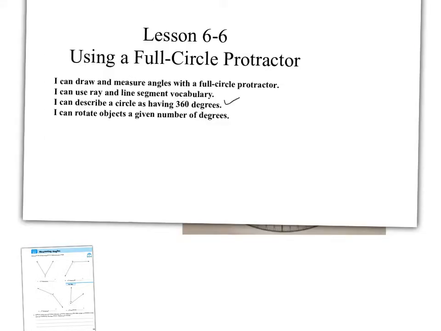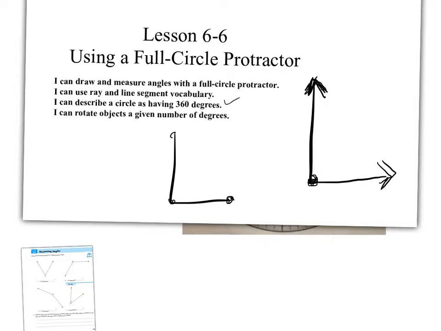When looking at our I can statements, we just drew and measured an angle with a full circle protractor. And then the next one says I can use ray and line segment vocabulary. Basically, we do that when we make an angle. These are rays when they have arrows at the ends of them, because they're starting at one point and going on and on. This right here would be an angle, and if I don't have arrows on the ends, they're just line segments.